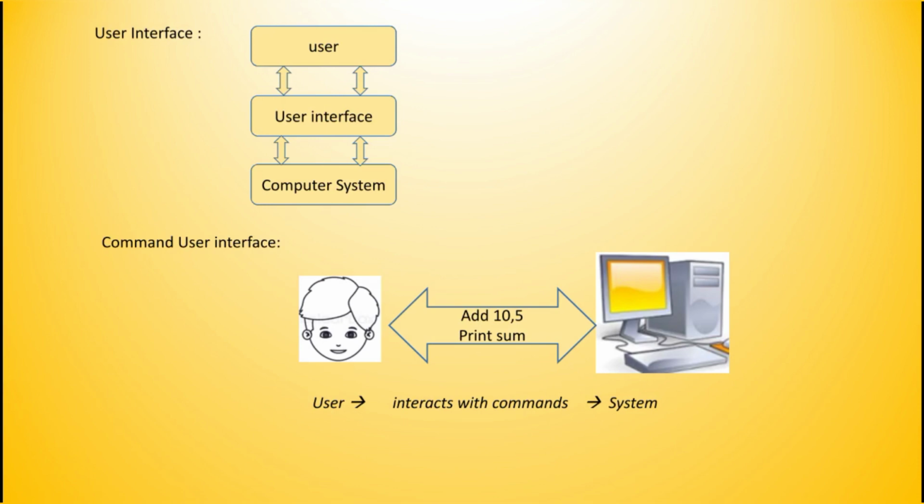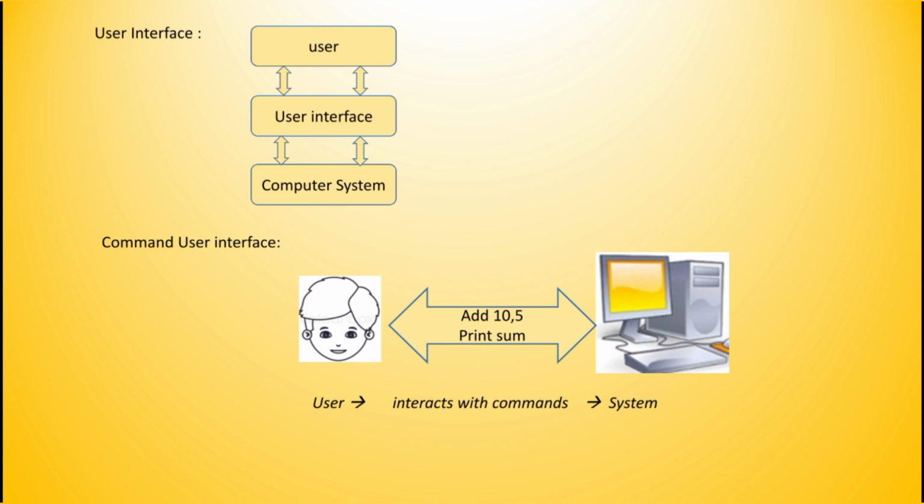User interface. It is the means by which the user and the computer system interact with each other. There are two types of user interface. First one, command user interface. Second one, graphical user interface. Now let us discuss about the command user interface. This interface interacts with the system using commands.